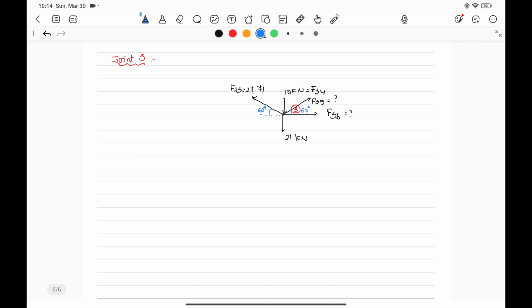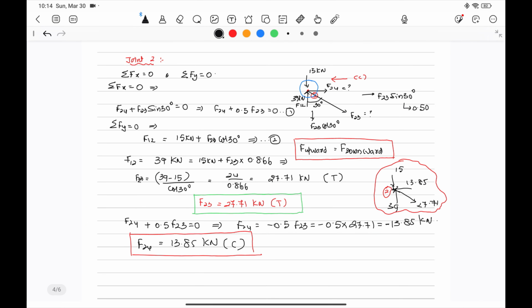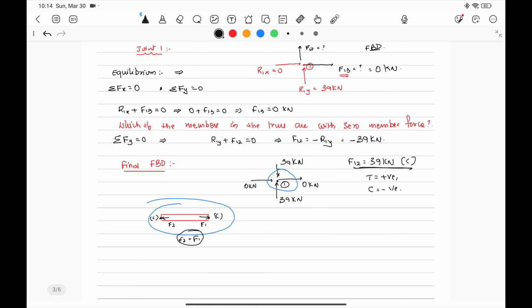And another force is also there at the joint. Not F23, F13. What is the value of F13?